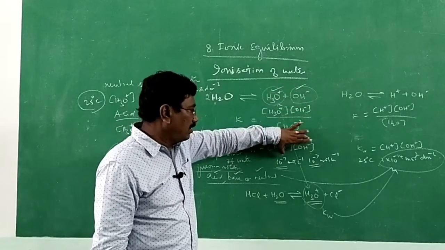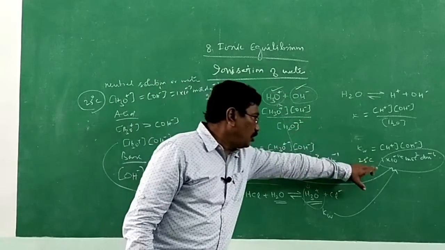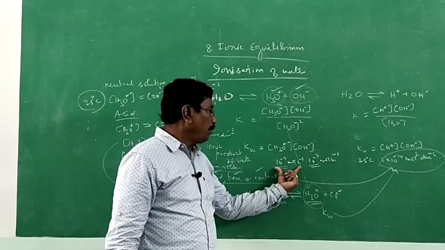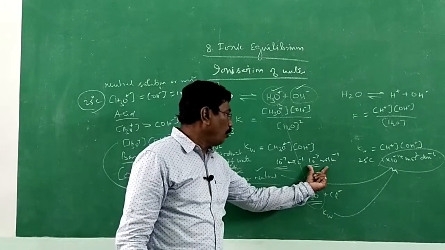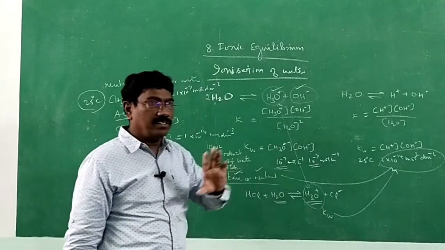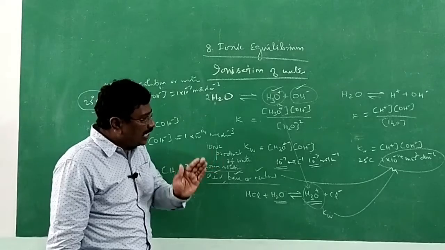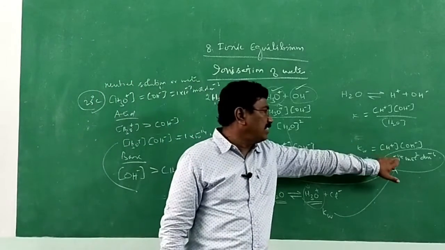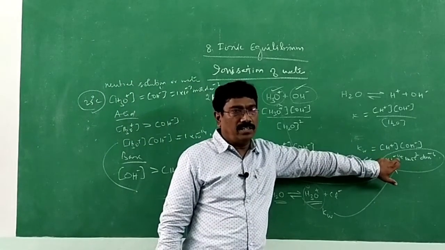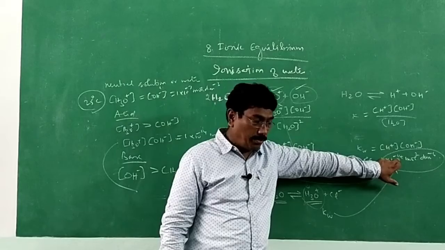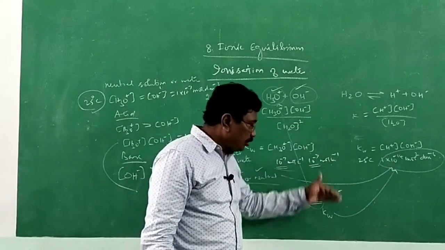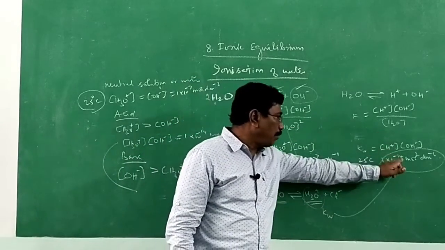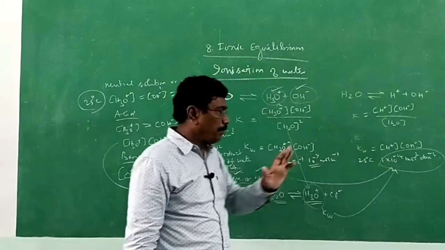Therefore, the product is 10 power minus 7 mole per liter of hydronium ion times 10 power minus 7 mole per liter of hydroxide ion at 25 degrees Celsius. If the temperature is higher, the value will be higher, in the sense 10 power minus 13, minus 12, like that. If the temperature is reduced, ionization should get reduced, and the value will become less, 10 power minus 15, minus 16, etc.